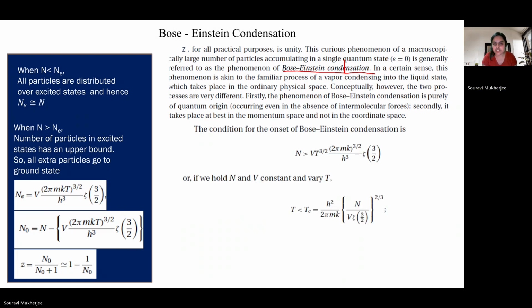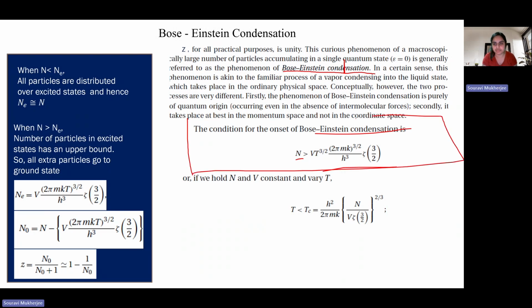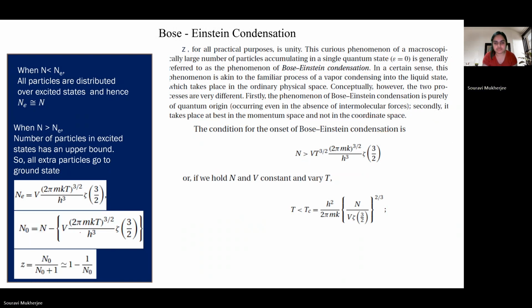Okay. So the condition for the onset of Bose-Einstein condensation is given as N greater than V by t to the power 3 by 2. This is something you should remember from the discussion that we have been having. This term comes from the thermal wavelength, and then you have zeta 3 by 2.